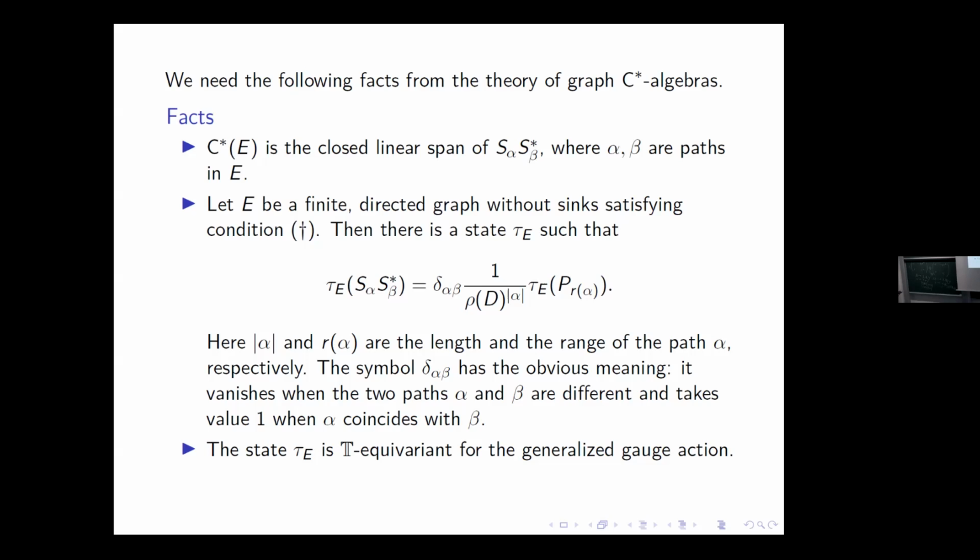The fact is the state just defined, tau E, is equivariant for the generalized gauge action. So if we take braided compact quantum groups acting on the graph system algebra, then I can demand that the state tau will be equivariant with respect to the braided compact quantum group action.